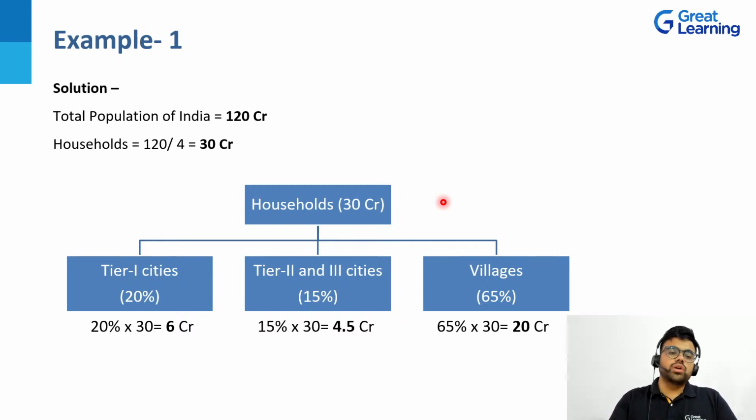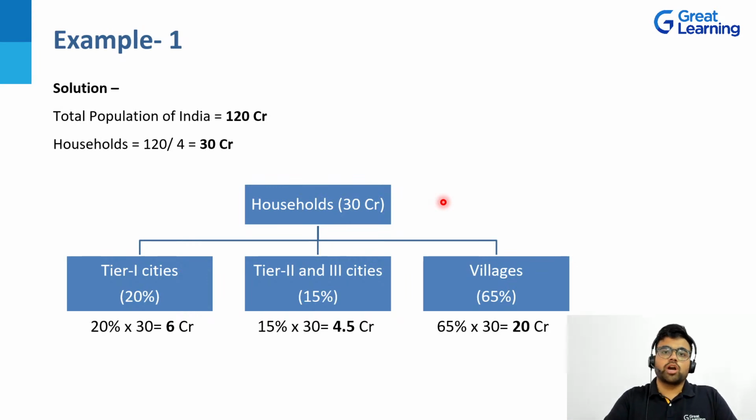So we would assume a certain percentage. You always go by percentages in this scenario, okay? So we have assumed that 20% of the households stay in tier 1 cities, 15% stay in tier 2 and tier 3 cities, while the remaining 65% of the households stay in villages.